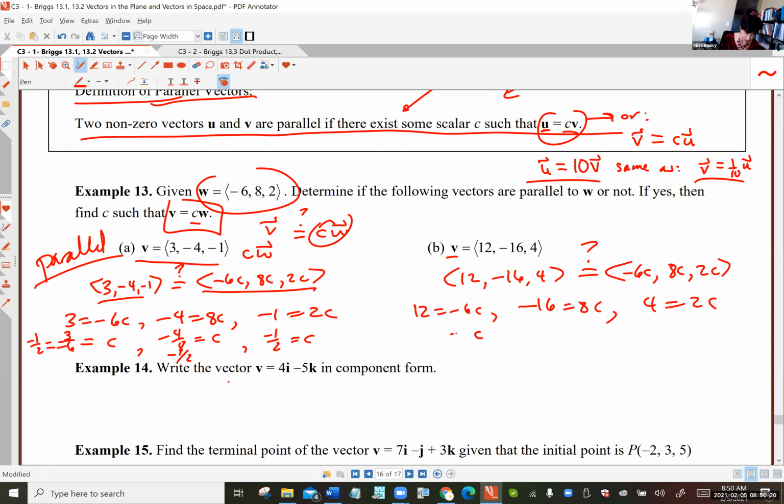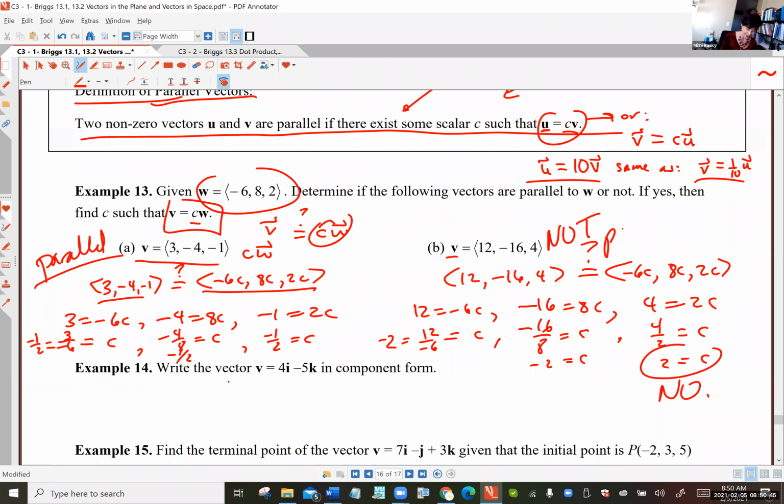So if we solve for C 3 times, and I'm reducing, so far it looks like they're going to be parallel, huh? What do you think? Careful. No, no, no. We got a +2 there. Bummer. Not parallel. Almost tricked you, huh?